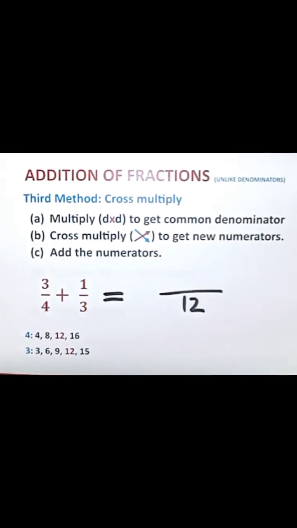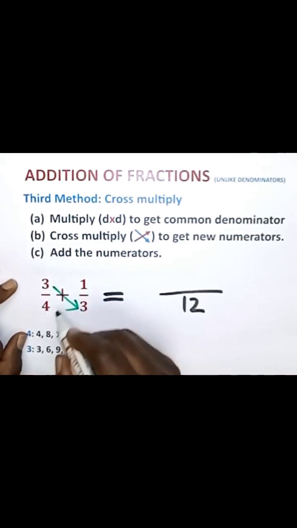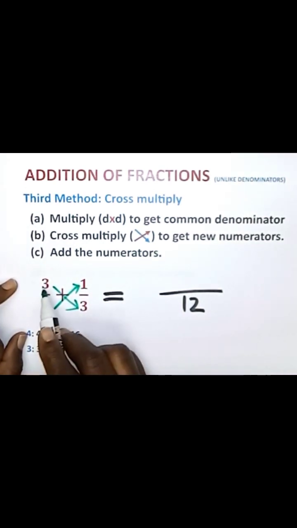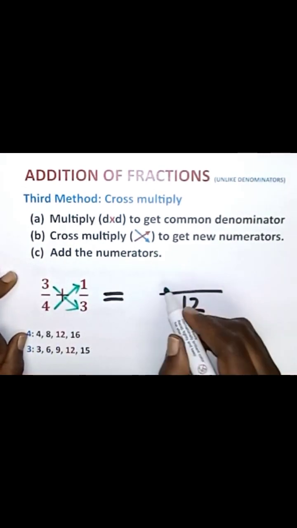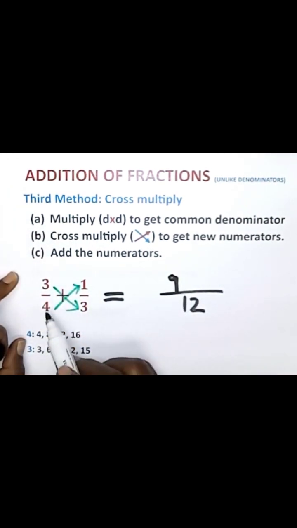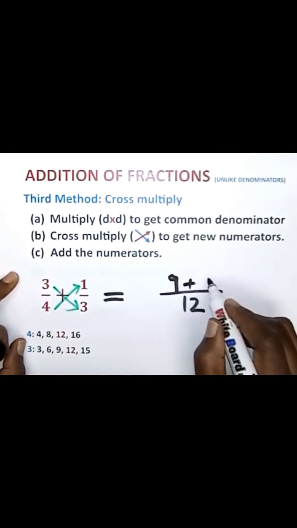The second step says we should cross multiply the original fractions to get the new numerators. So this is what we are going to do. 3 times 3 is 9, while 4 times 1 is 4.